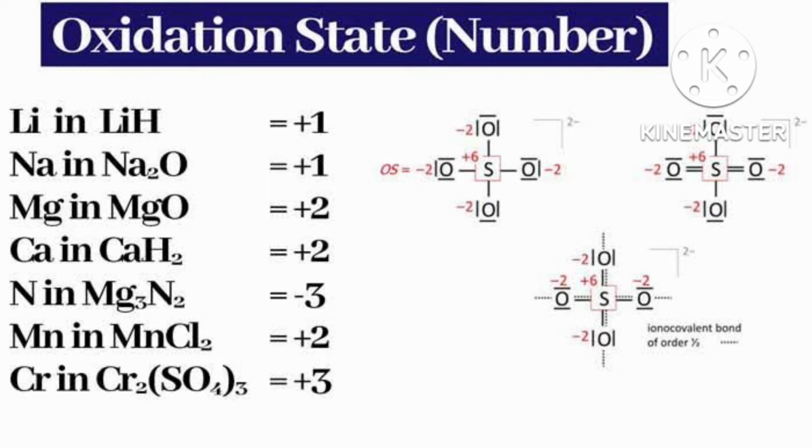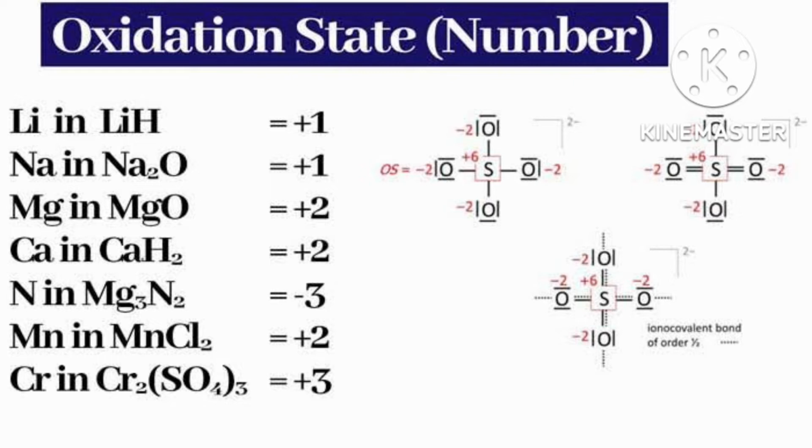The valence of a representative element is usually equal to the number of electrons in the outermost orbit, or equal to 8 minus the number of outermost electrons. Correct? Sometimes it will be 8 minus the number of outermost electrons.